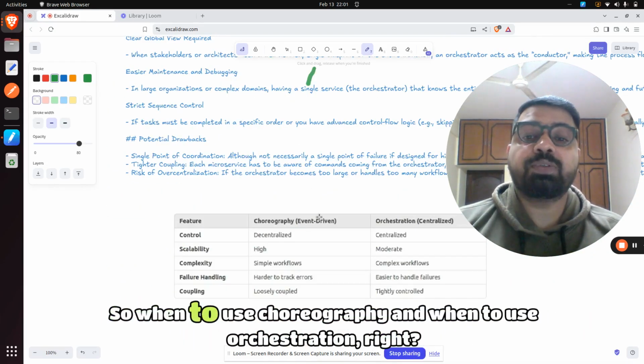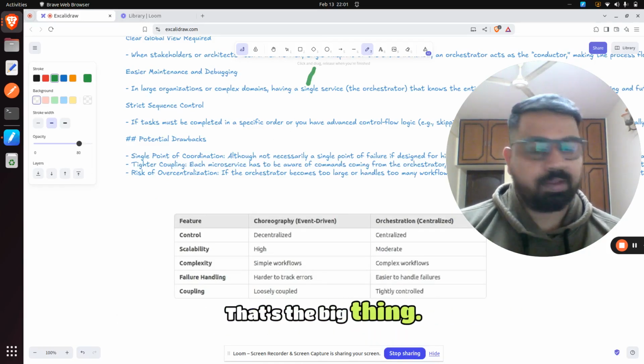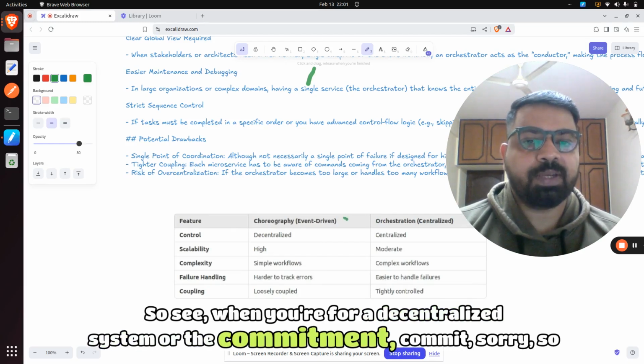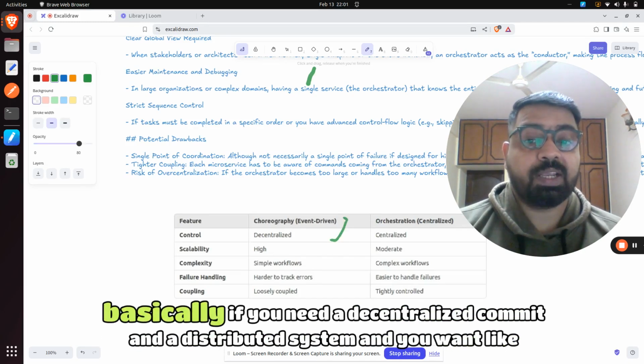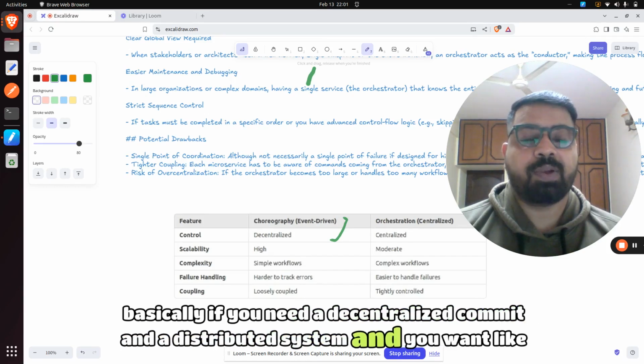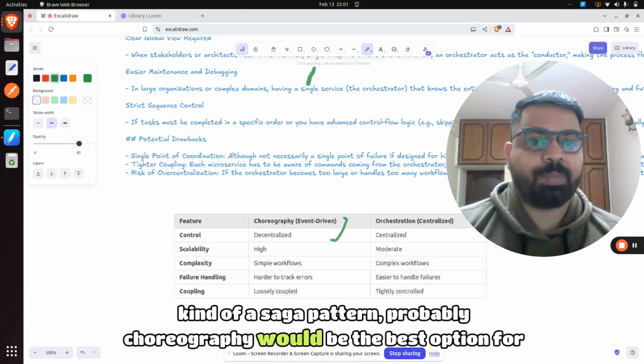So when to use choreography and when to use orchestration, right? That's a big thing. If you need a decentralized commit in a distributed system and you want a Saga pattern, probably choreography would be the best option for you.